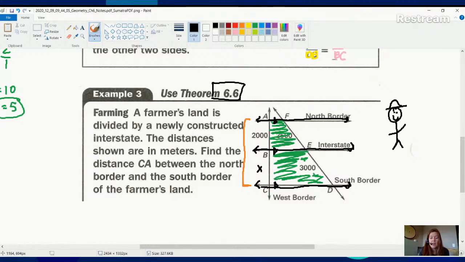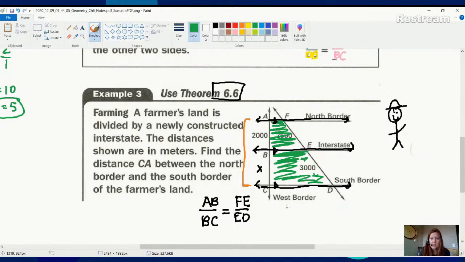So if I write this out, the distance from A to B compared to B to C, that ratio should be equal to the distance from F to E over E to D. A to C is one transversal, F to D is the other, and we've got our parallel lines. Because they're cut by a transversal, theorem 6.6, we can use this relationship. So then we just fill in our numbers.